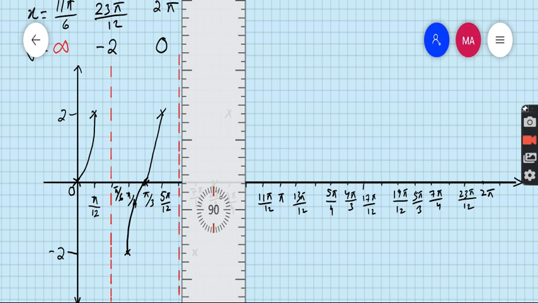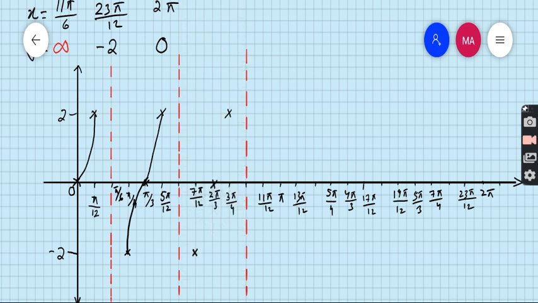This is our third asymptote. And this asymptote occurs at 5 pi by 6.